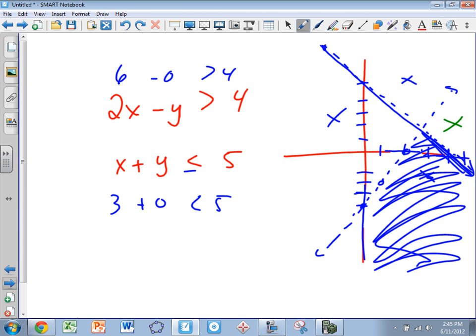Again, the dashed line is an open circle. Remember open circles with domain and range? They're not included in the answer. This is like a bunch of open circles all next to each other. This is a bunch of closed circles all next to each other. So this is part of the solution set over here, whereas this region right here is not part of the solution set. The shaded part is definitely part of the solution set.